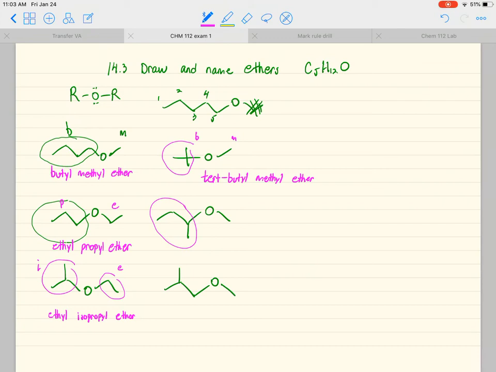Here we have a sec-butyl group and a methyl group. Here we have an isobutyl group and a methyl group.